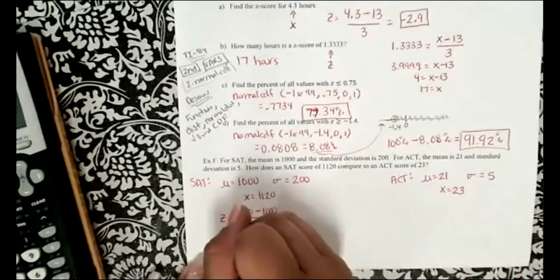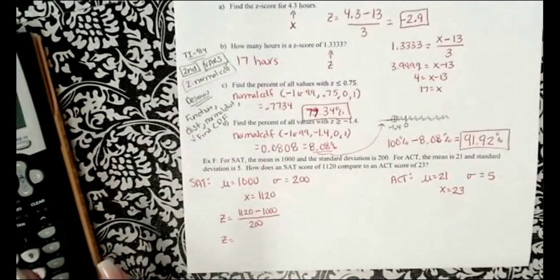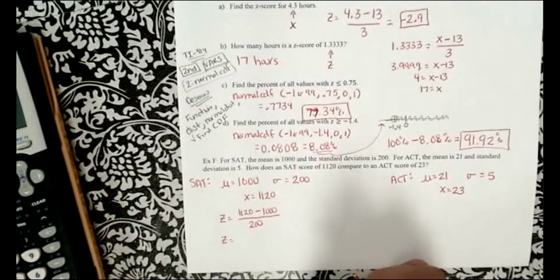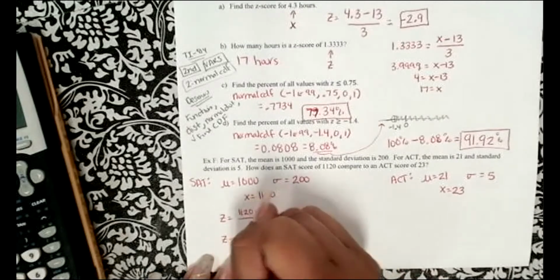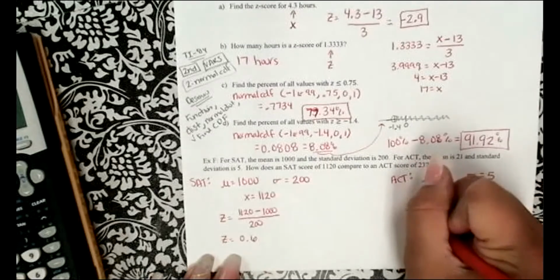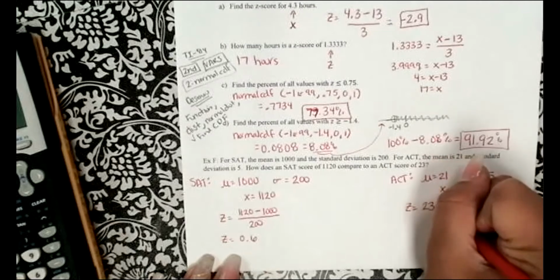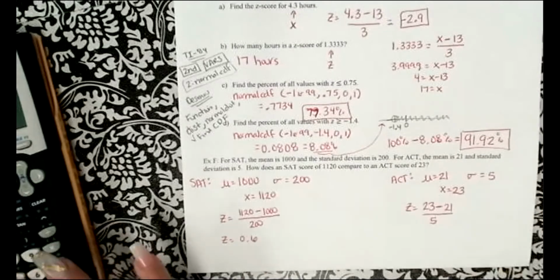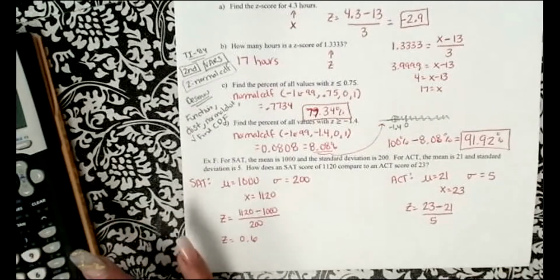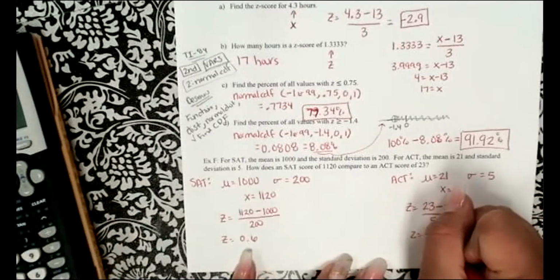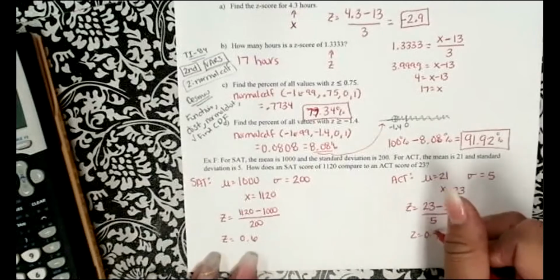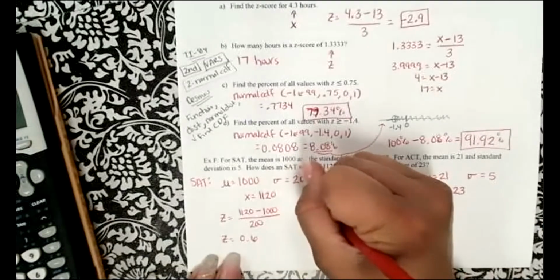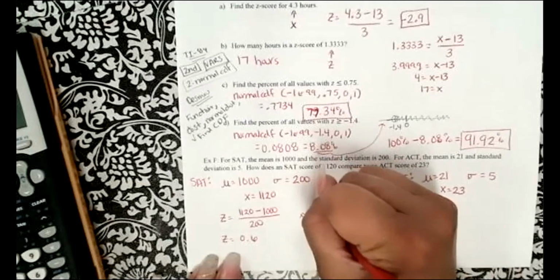So here my z-score comes out to be 0.6. On here, I'm going to do 23 minus my mean, which is 21, divided by the standard deviation. So this z-score is going to be 0.4. This one is a higher z-score, so the SAT score is better.